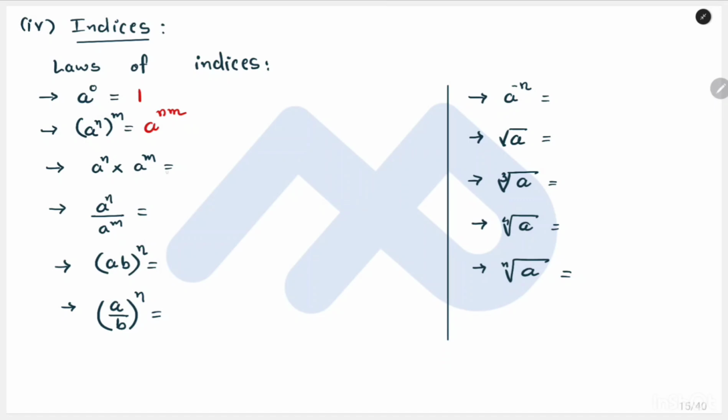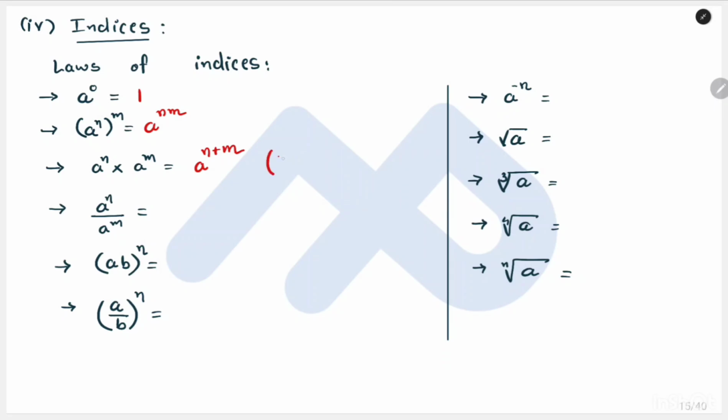Okay. Third is, whenever there is a multiplication of two terms and both have the same base, power might be different, might be same, but if the bases are same, in that case you can just add the powers. Okay. Make sure you don't make this mistake. This is a very common mistake.